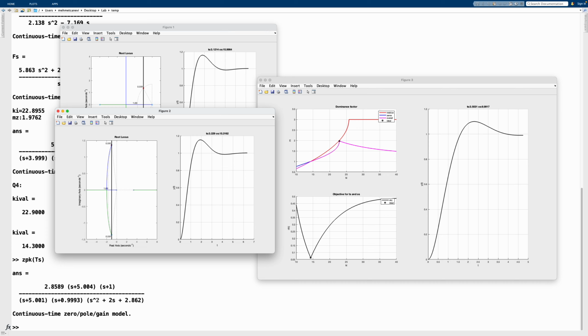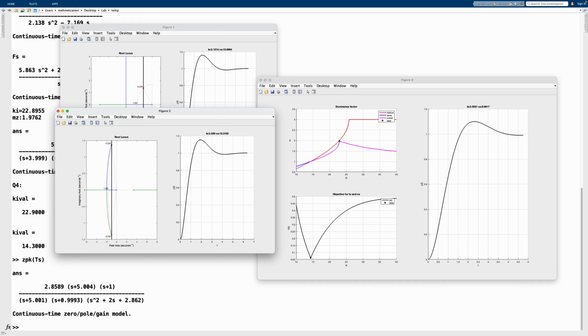But then they start to move. So basically, there's a scenario where we can place the zeros of the controller on top of the poles of the open loop and get rid of them, and then use basically a p-type controller to design this. So there's a pole zero cancellation that works way better than expected.